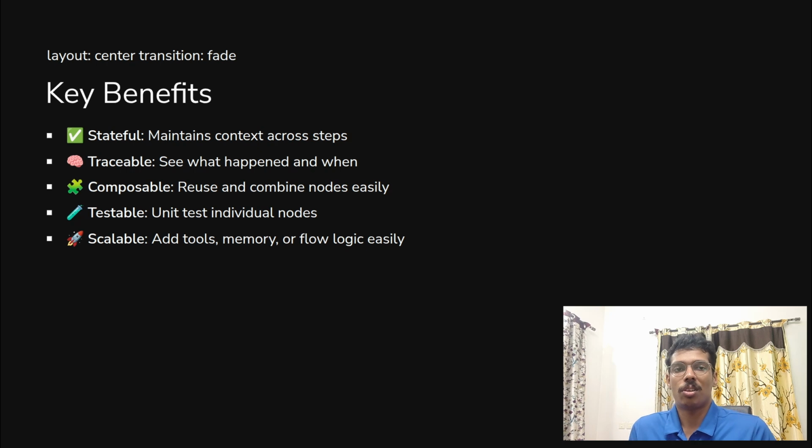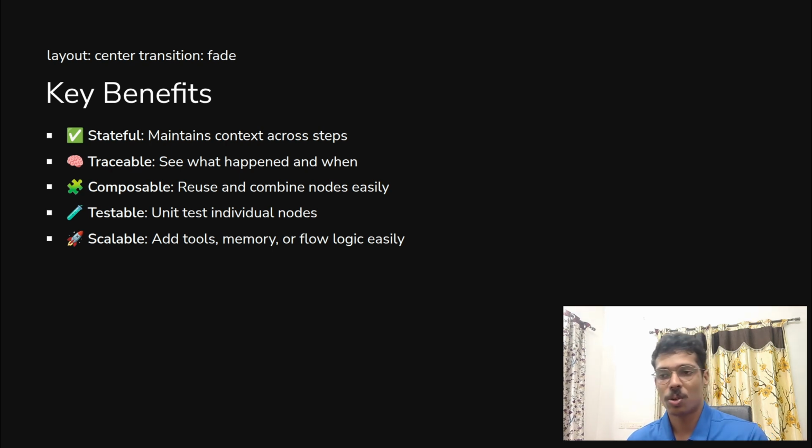Then there are a couple of advantages that we have while using LangGraph. Like I said already, state maintains the context across the steps. It makes sure the graph is traceable, so you can see what happened previously. The nodes can check what the state of the current graph is and continue based on that state.